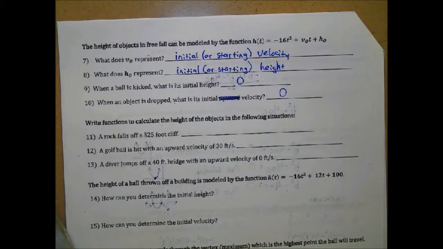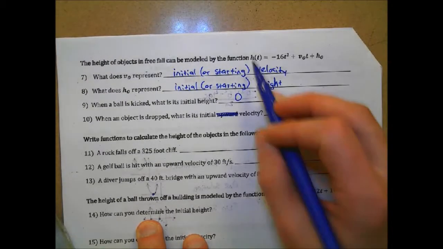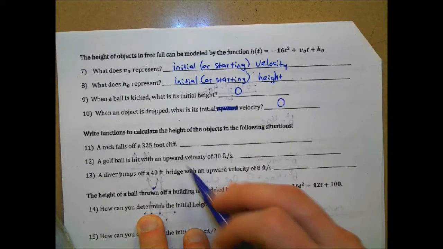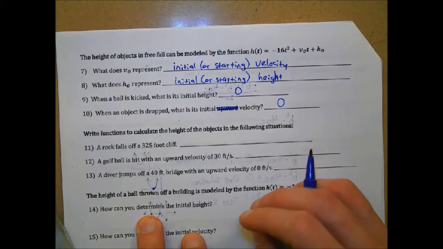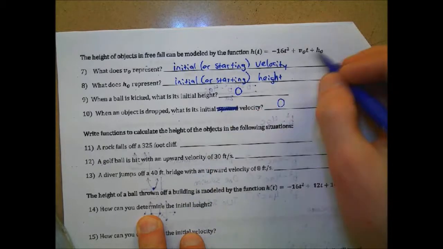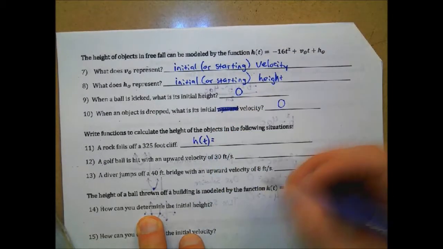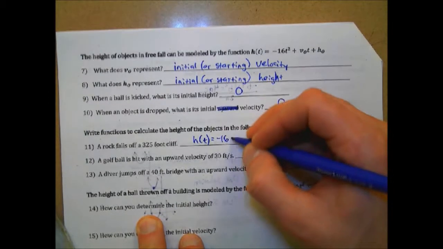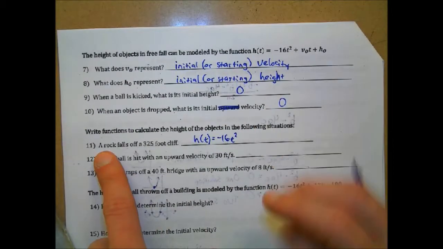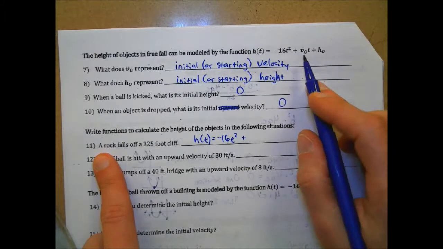Okay? So for 11 and 12 and 13, we're going to take this particle motion equation here and fill in some information to write the equation. So we'll say h of t equals negative 16t squared plus, what's our initial velocity for this situation?